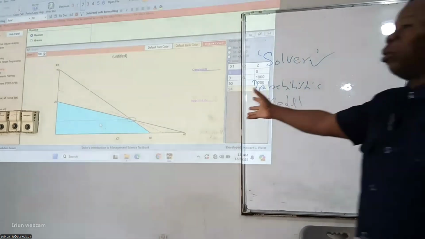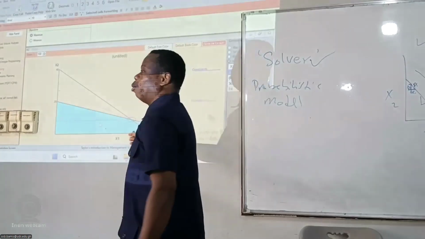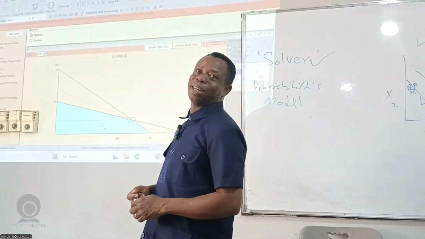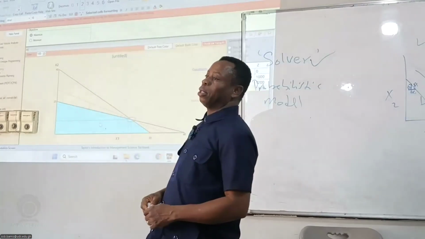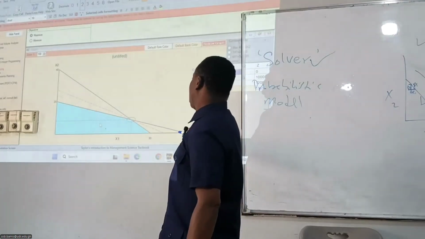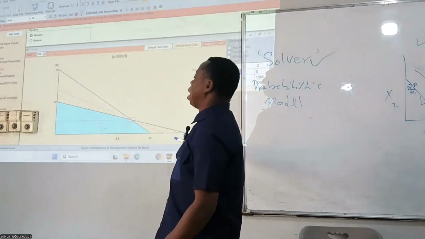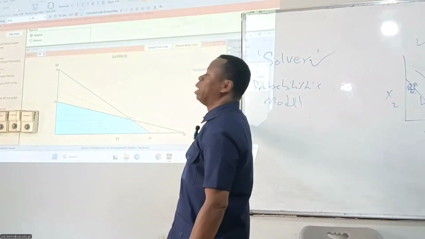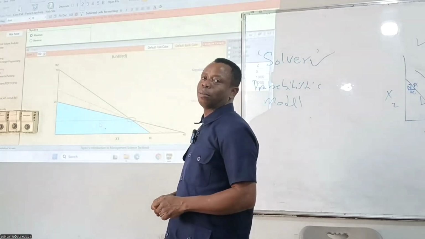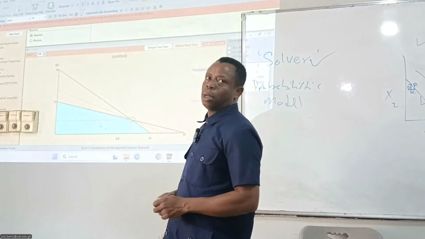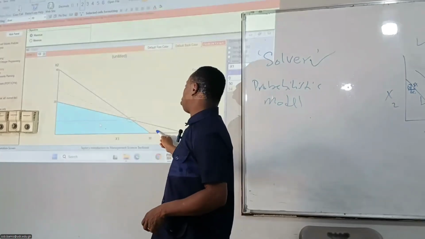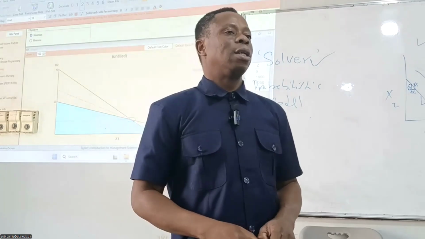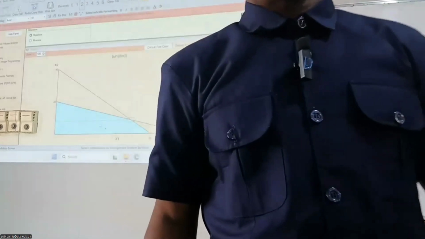So it will give you the graph we plotted last week manually. So you now have the computer generate that one. And this is the solution. This line is the objective function line. We also call it the isoprofit line. Isoprofit because at any point on the line, the profit is the same. 1,360.